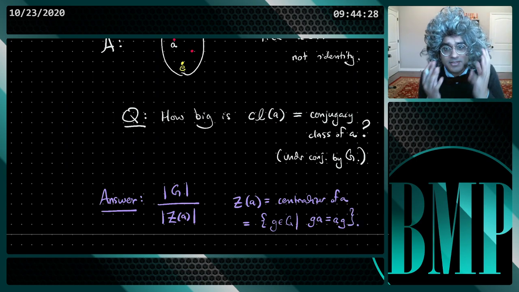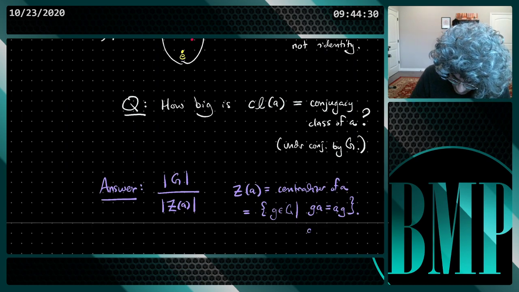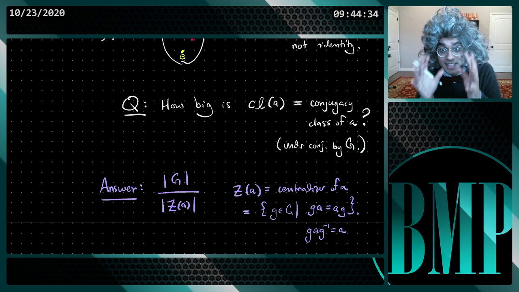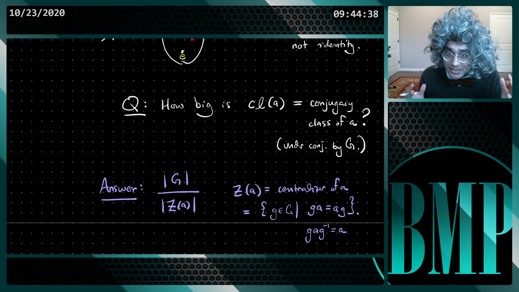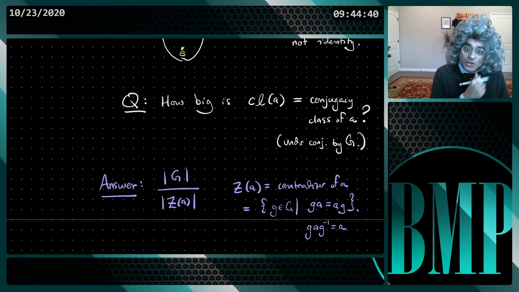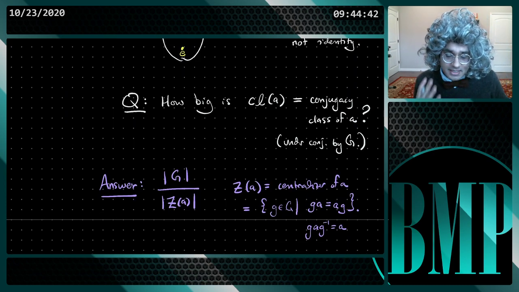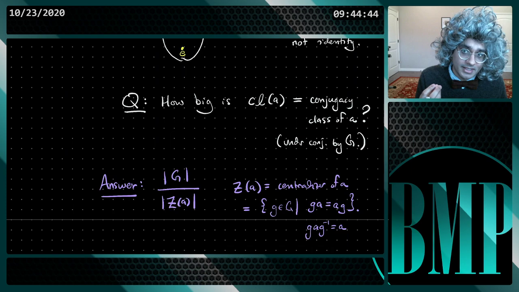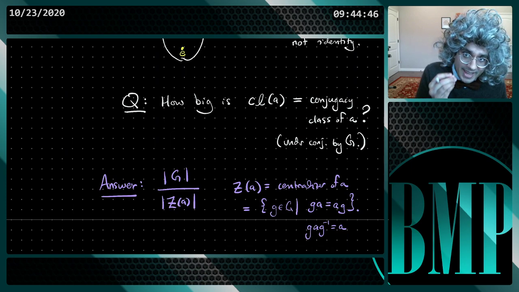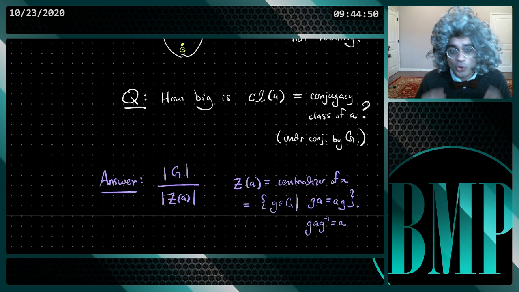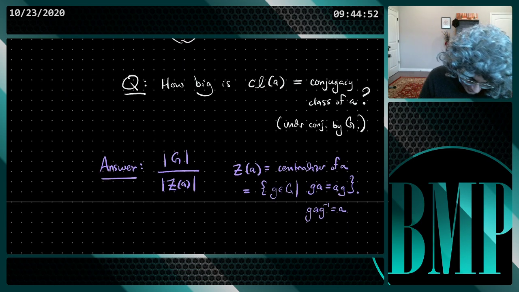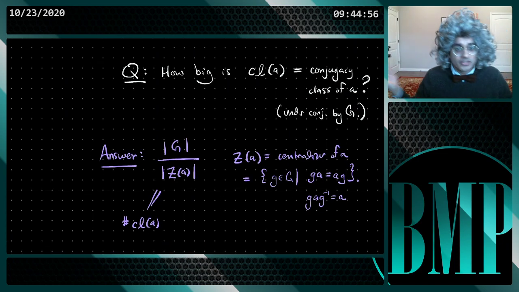The things that commute with a. That looks more like a stabilizer under an action. So Z of a is the stabilizer of the element a under the conjugation action. Orbit-stabilizer tells you that this is the size of the conjugacy class.